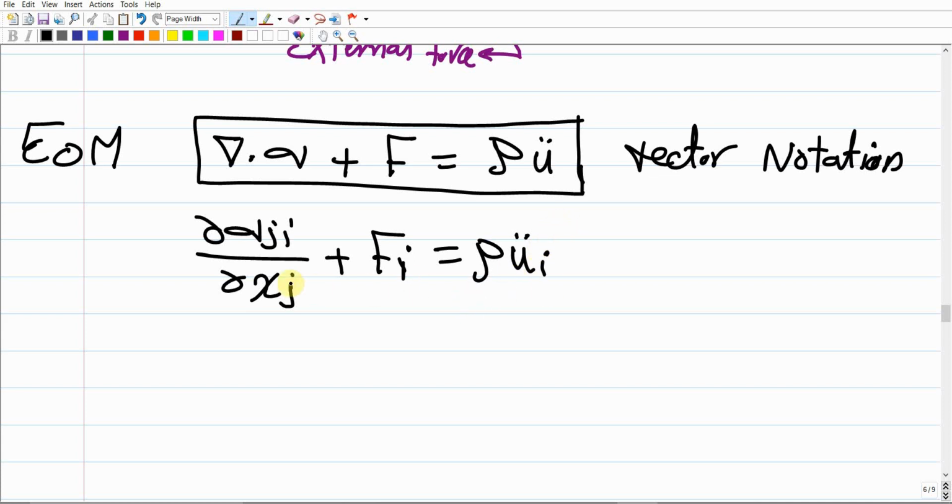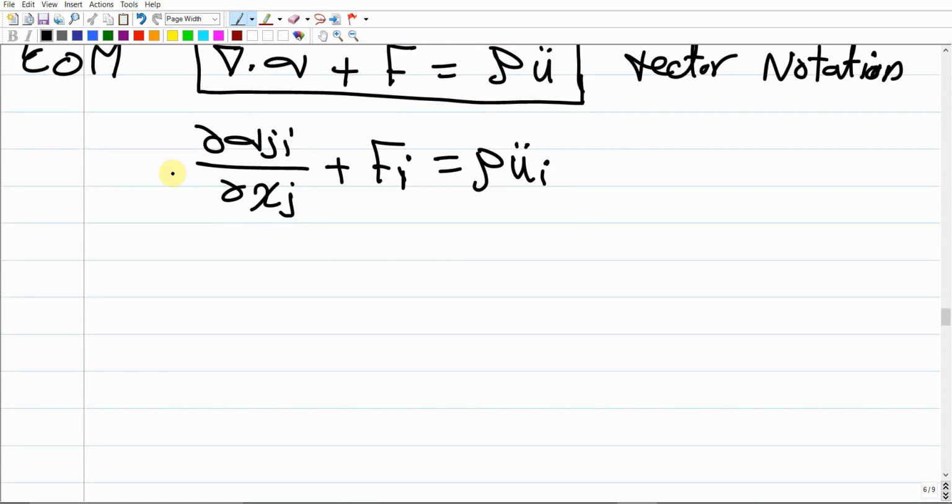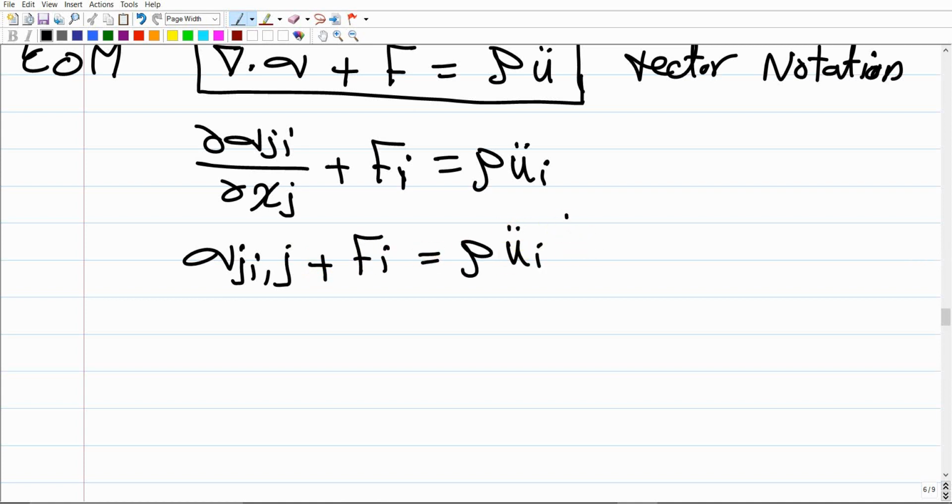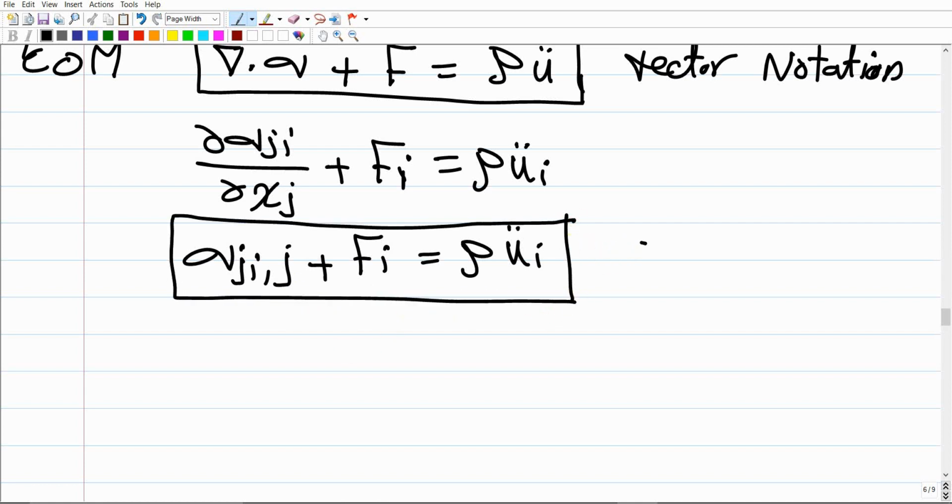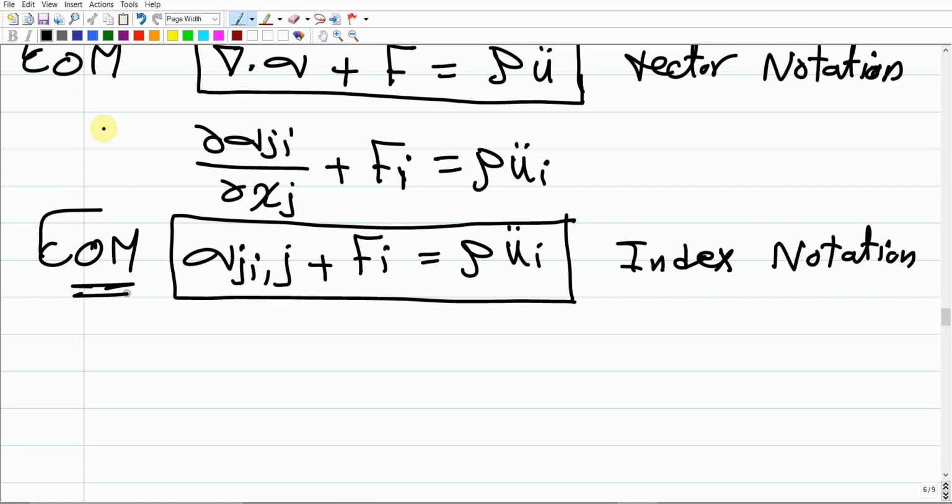We can get rid of the partial derivative and write sigma ji comma j plus fi equals rho ui double dot. This is the equation of motion of the continuum in index notation.